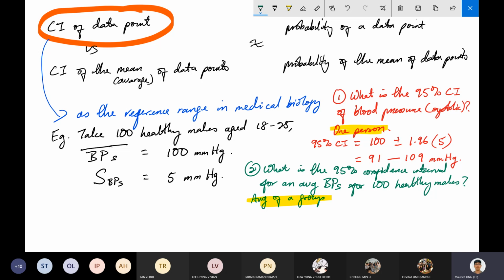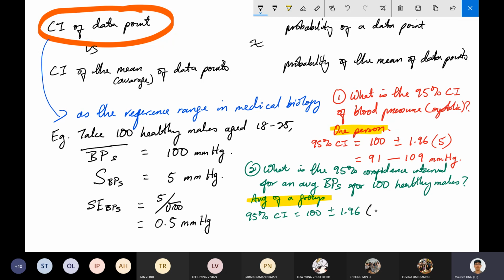Okay. So here you have the 95% confidence interval. It's actually 100 plus minus 1.96, but instead of using the standard deviation, you have to calculate the standard error. So the standard error of blood pressure is actually 5 divided by the square root of 100, which gives you 0.5 millimeters mercury.